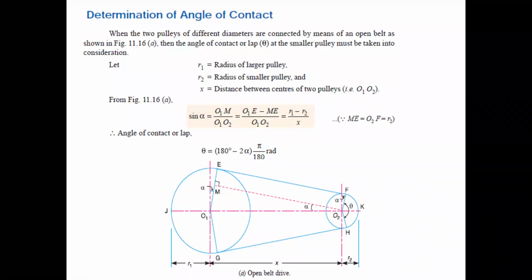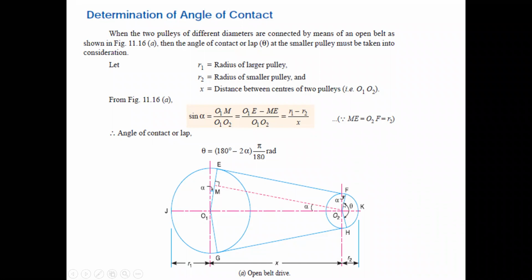Just observe that angle of contact. For the open belt drive, the angle of contact is (180 minus 2 alpha) into pi by 180 radians. Where do we generally see the theta? It is observed on the smaller pulley, the driven pulley.